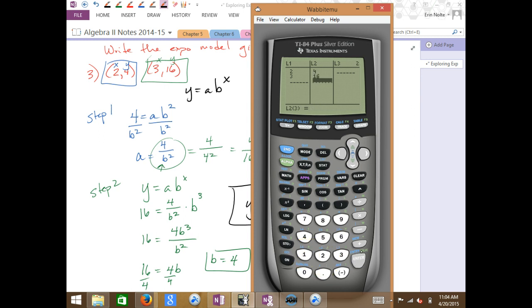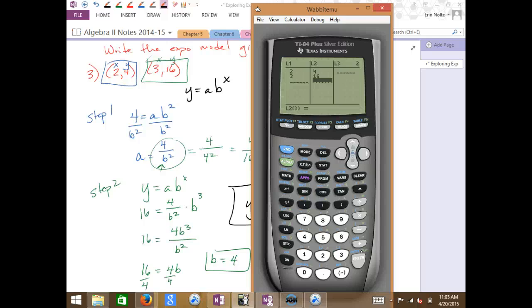Now we need the calculator to calculate our statistical regression. No, it would be 4, because the 4 is my y. So my y and my y, that makes sense?